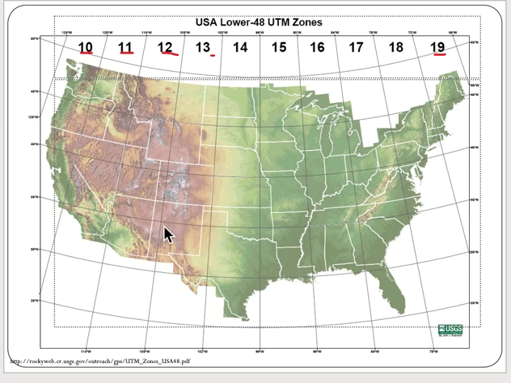And because the United States is positioned in the northern hemisphere, this is UTM zone north. But you have to be specific when your study area is a specific state. So you can see that California falls around zone 10 and zone 11.